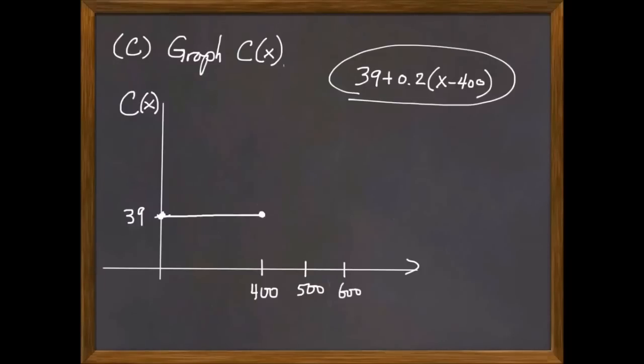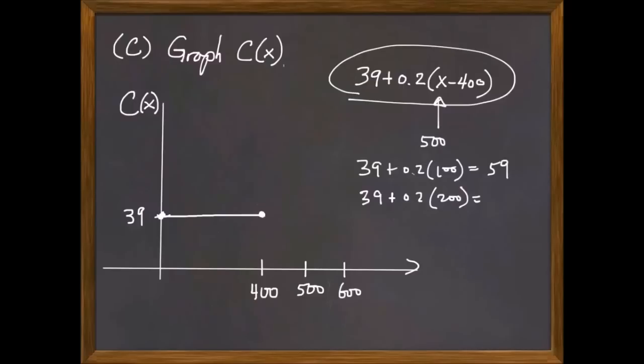Okay, I'm going to try to get a point at the 500 mark here. When x is equal to 500, I replace x by 500, and I will get 39 plus 0.2 times 100, and that is 59. Let's try to get another point for 600. So when x is equal to 600, I will get 39 plus 0.2 times 600 minus 400, which is 200, and that gives me 79 here.